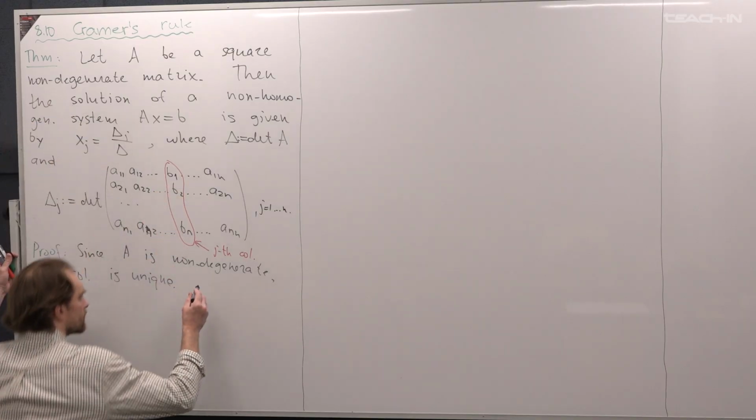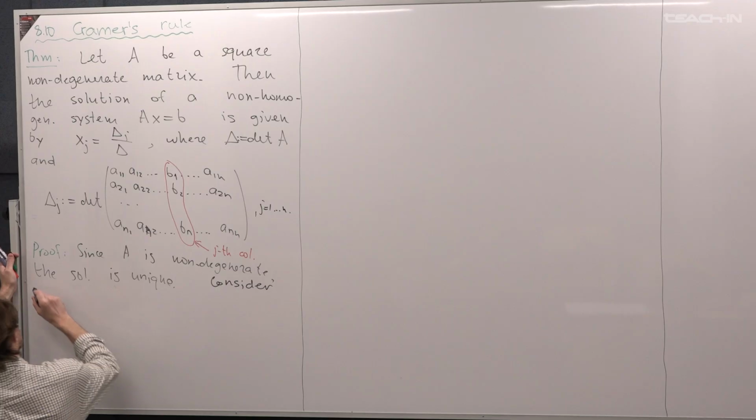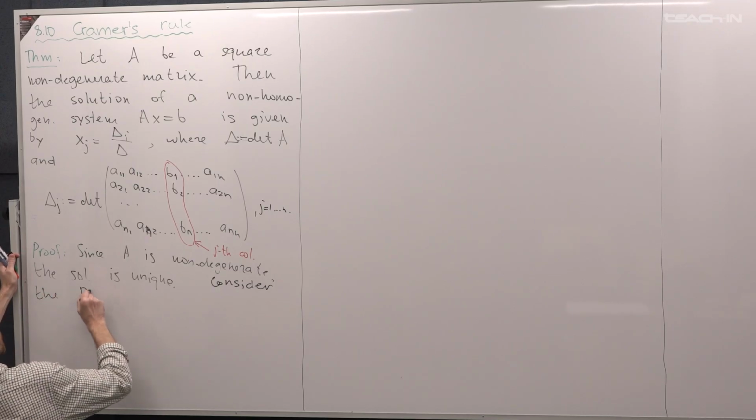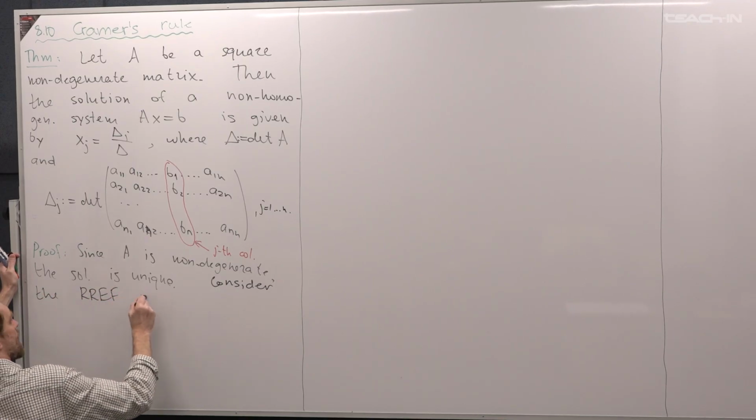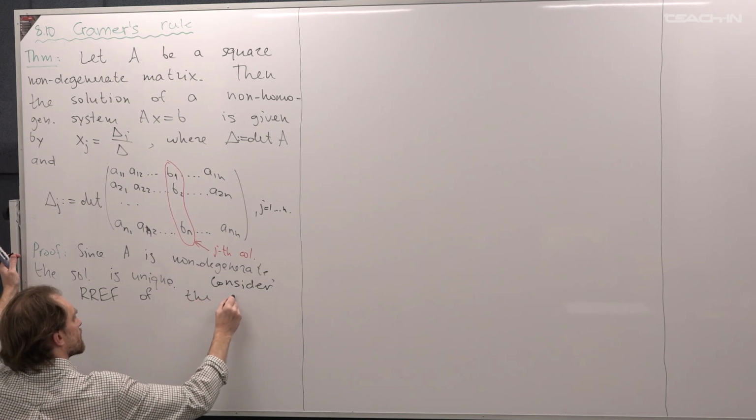Consider the reduced row echelon form of the augmented matrix of this system.